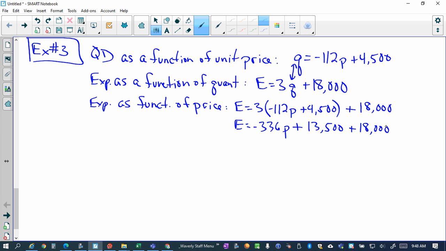We're almost there now. Combine like terms, and that goes to 31,500. So our expenses in terms of price equals negative $336 times the price of each one, plus 31,500.